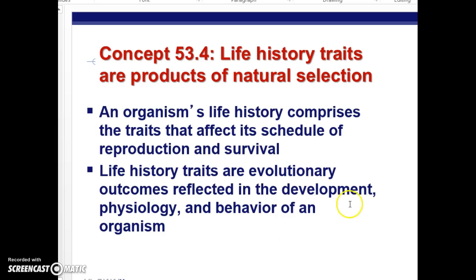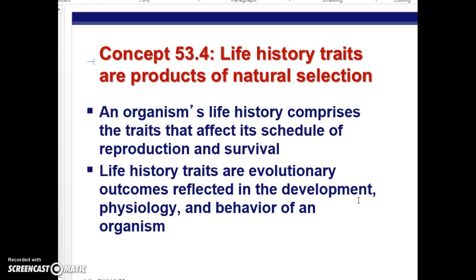So now, life history traits. There's a link. We aren't going to talk about evolution until the very end of this course, but the AP Biology curriculum does interweave the different concepts throughout the course. So one of the things I want to make sure to point out is that these life history traits are products of natural selection.